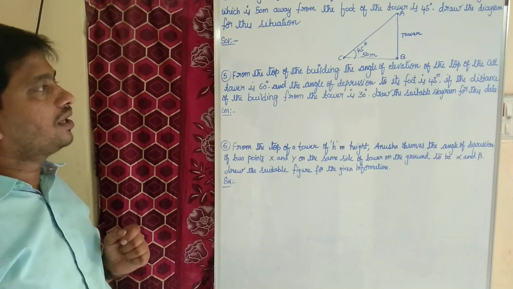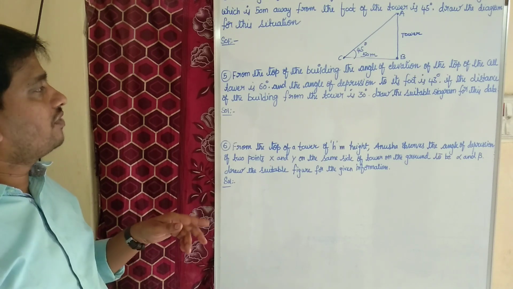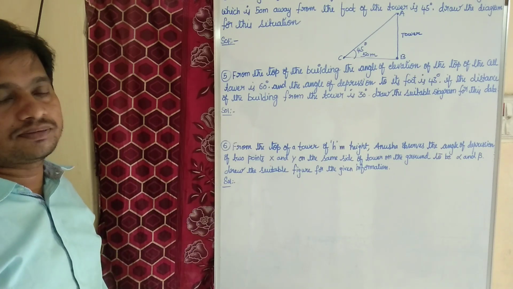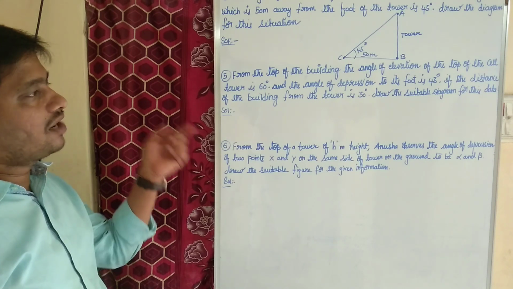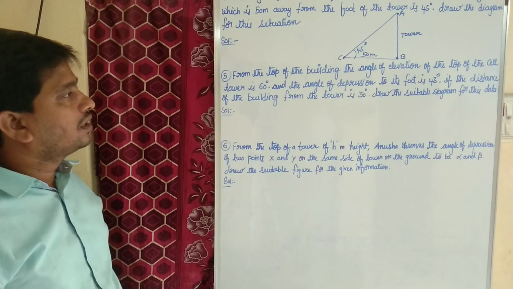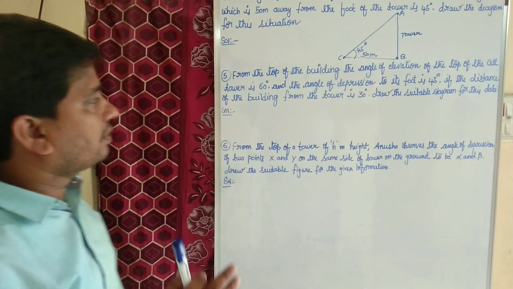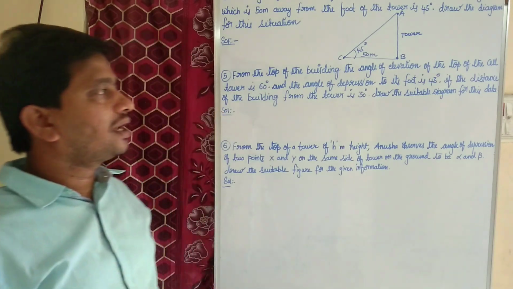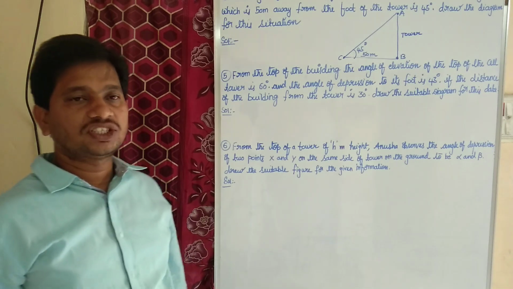From the top of the building, the angle of elevation of the top of the cell tower is 60 degrees and the angle of depression to its foot is 45 degrees. Find, if the distance between the building and the tower is 30 meters, draw the diagram for this data. Simple, children.